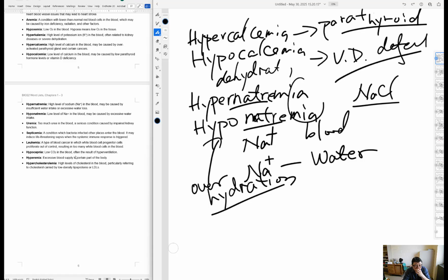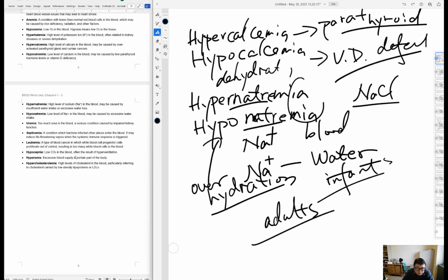And it can actually be very dangerous, especially hyponatremia. For example, babies and infants cannot drink plain water because their kidneys are not well developed to get rid of the excess water. If a baby has diarrhea, they need to drink special infant water which contains electrolytes. Even adults cannot drink too much water.